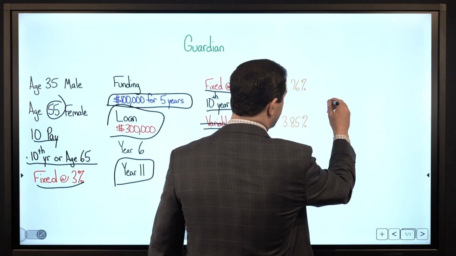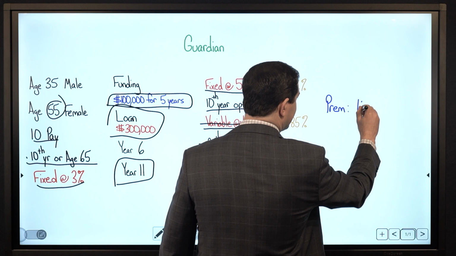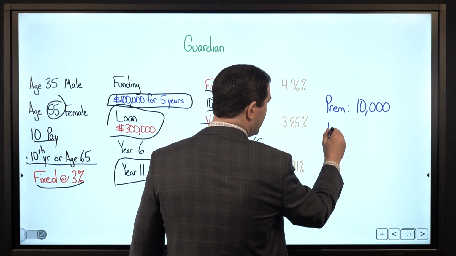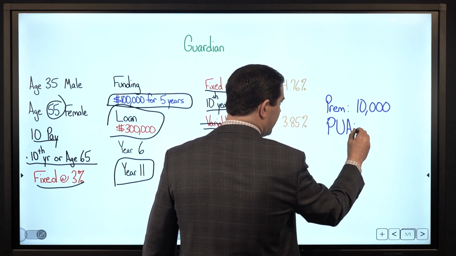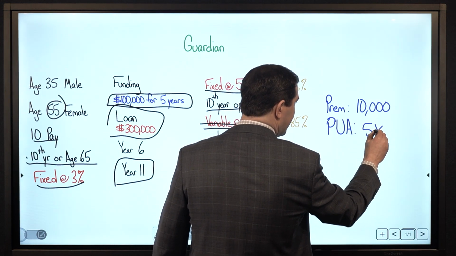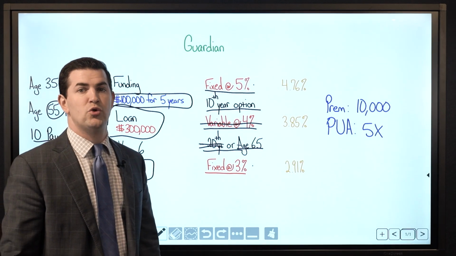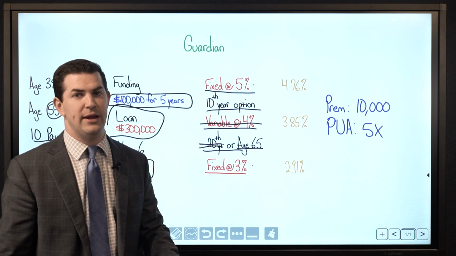Specifically, how it works is wherever we set that premium, if it's $10,000, for example, referring to the base premium specifically, when we dump money into PUAs, they will allow a maximum of 5x the base premium to be paid into PUAs each year, which would permit you, if this is your policy, to pay another $50,000 each year into PUAs.